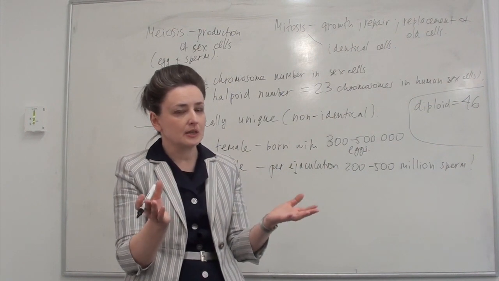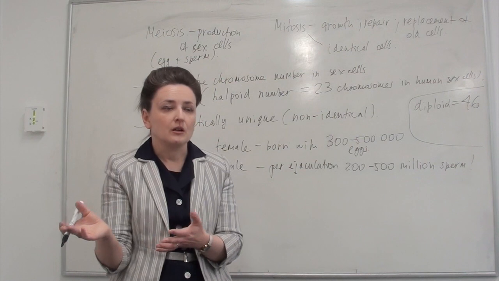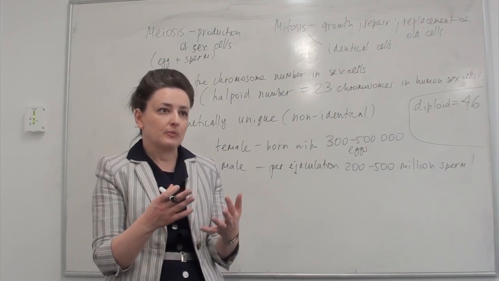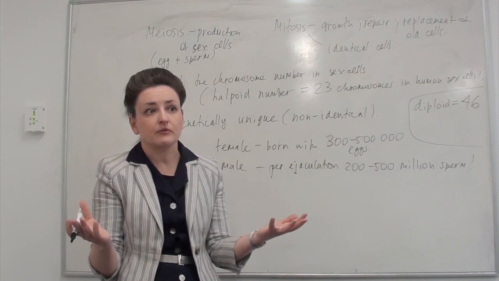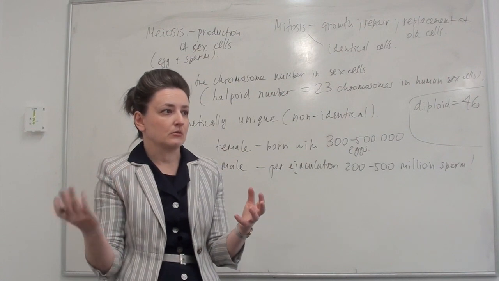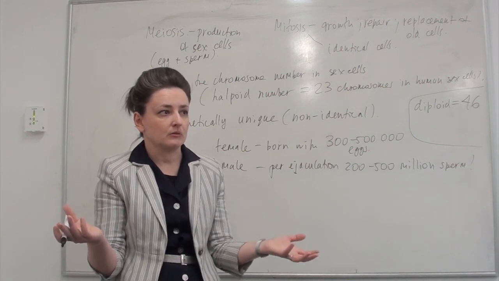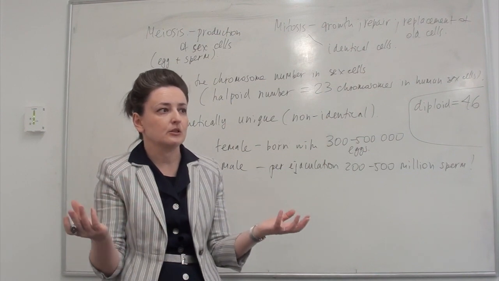But if we take the same set of parents and they have kid after kid after kid, you can appreciate that often in families the siblings are very, very different. So it might be different heights. One has got blonde hair, another brown hair. It might be different eye colors, different inclinations, talents.